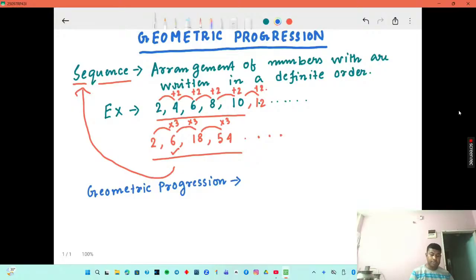Geometric progression is nothing but a sequence in which each of its terms can be obtained by multiplying or dividing its preceding term by a fixed quantity.